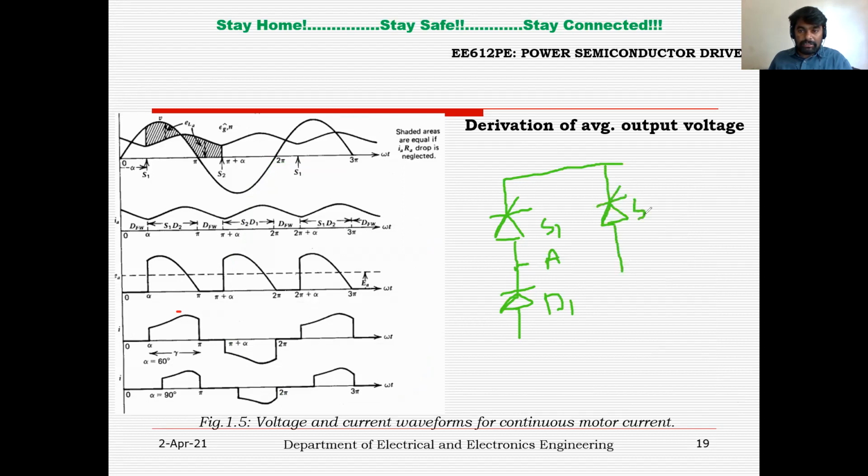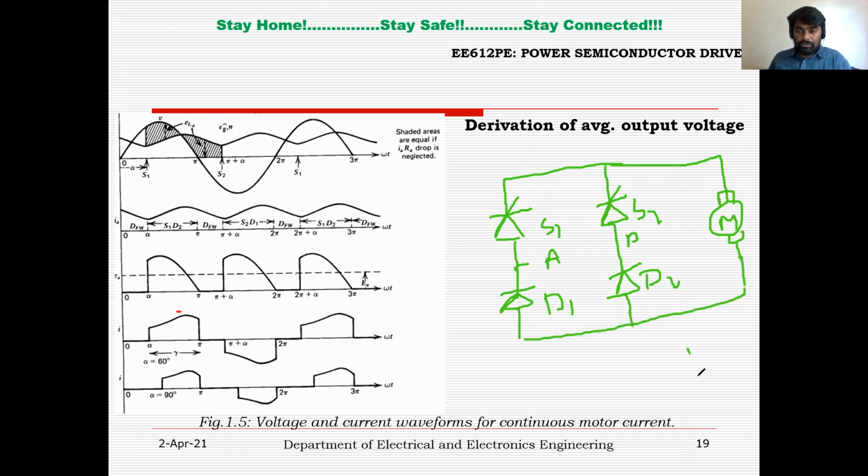Here it is thyristor S2 and diode D2. So this is leg B, and it is connected to the armature of a DC motor, right? Field winding is connected to a separate DC source, right?